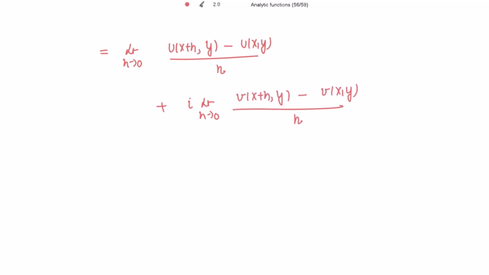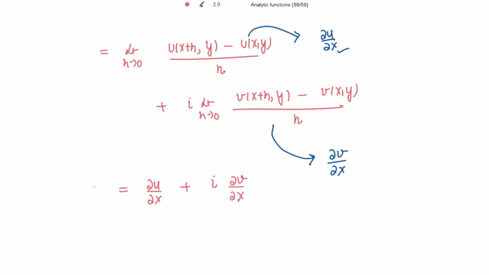Because we have taken h tending to 0 along the real axis, this becomes ∂u/∂x, and this is nothing but ∂v/∂x, by definition. So this is equal to ∂u/∂x + i ∂v/∂x, and on the left hand side we have f'(z). Please mark this as 1, the first result.